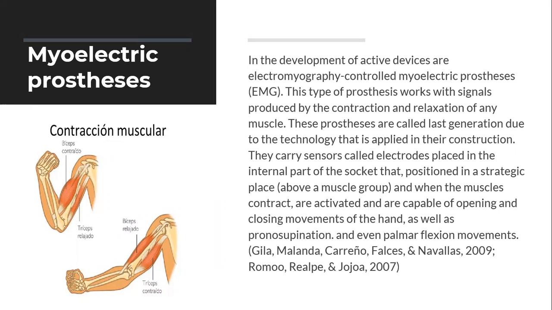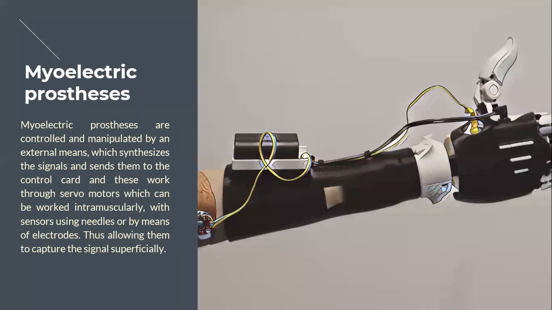They carry sensors called electrodes placed in the internal part of the socket in a strategic place, and when the muscles contract, they are activated and are capable of opening and closing movements of the hand, as well as prosupination and even palmar flexion movements.